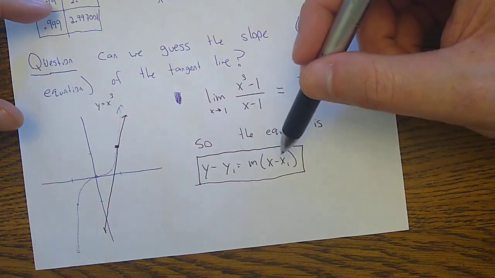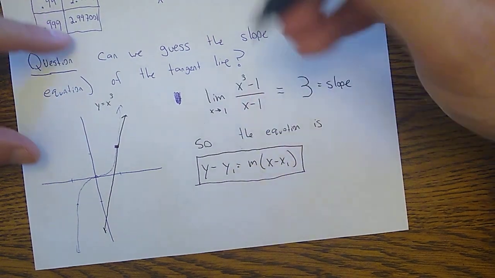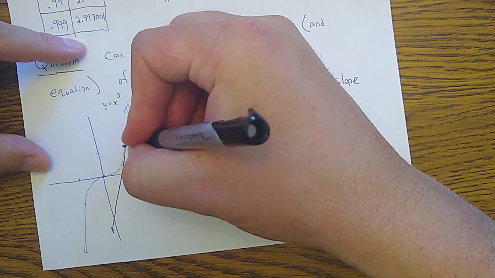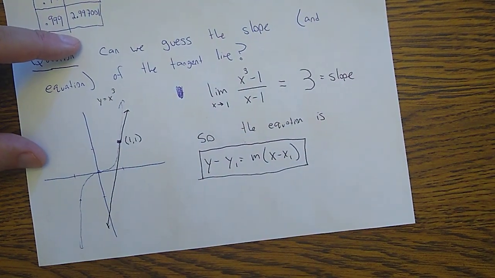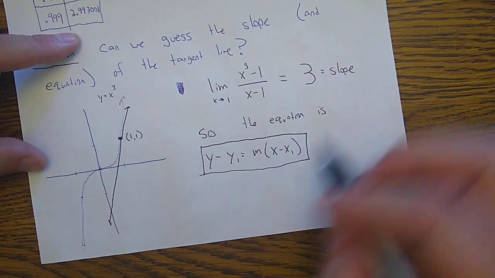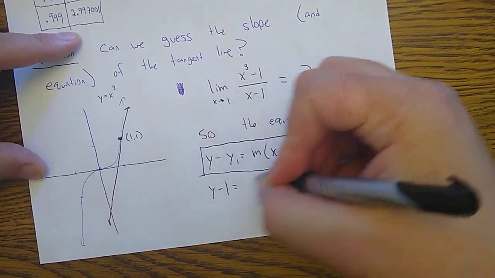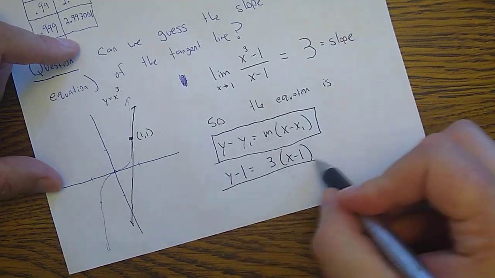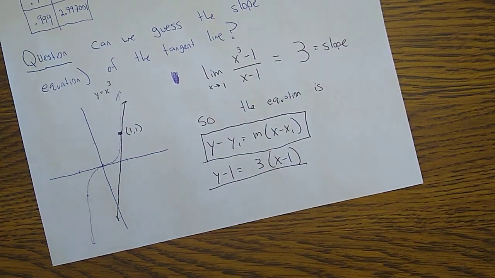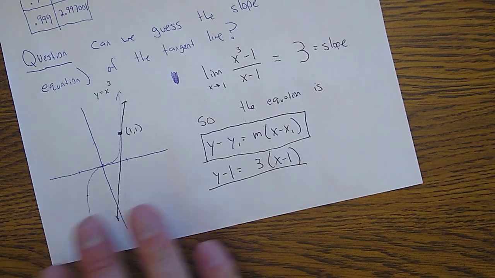So this is where you know a point that it goes through, and we do know a point that this goes through. It goes through the point (1, 1), and it has a slope of 3. So that's the equation of the tangent line. Okay.